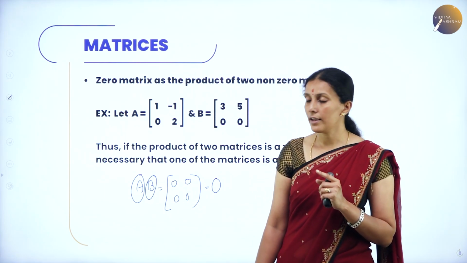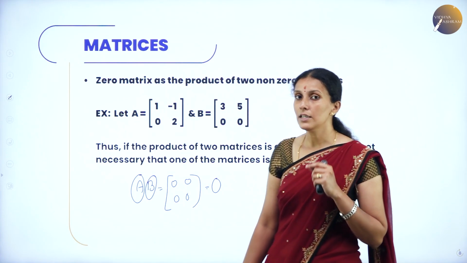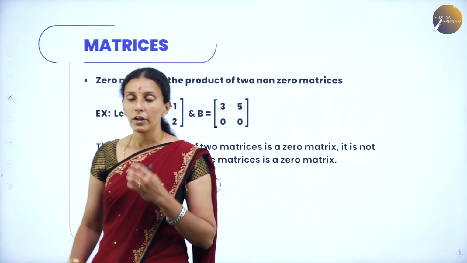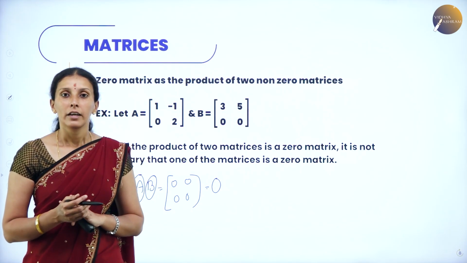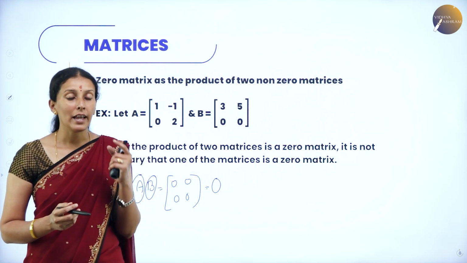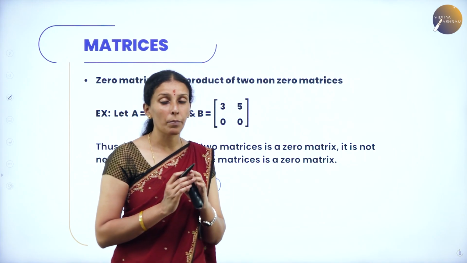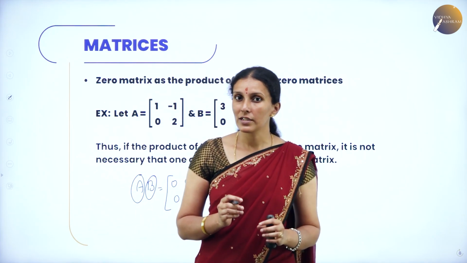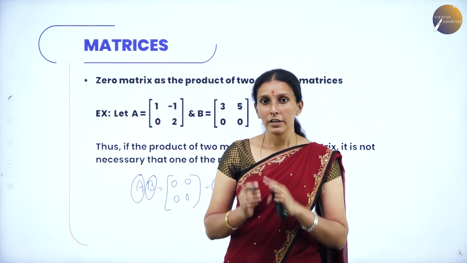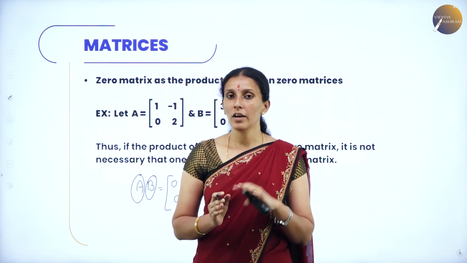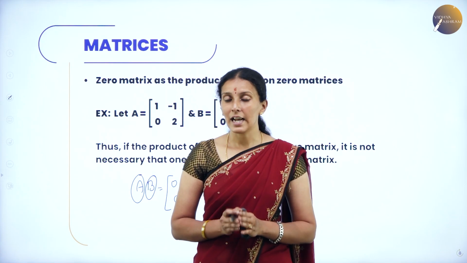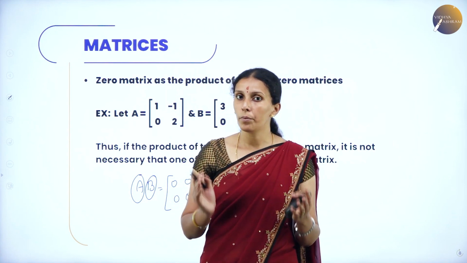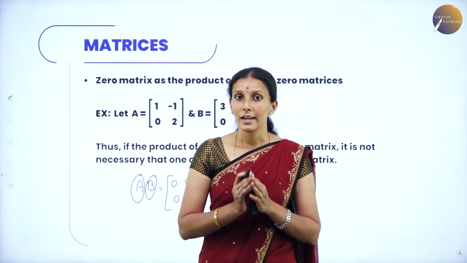It is not necessary that both must be zero matrices. So even though A is non-zero as well as B is non-zero, the product AB can become a null matrix. It is not necessary that one of the matrices or both matrices must be a null matrix.